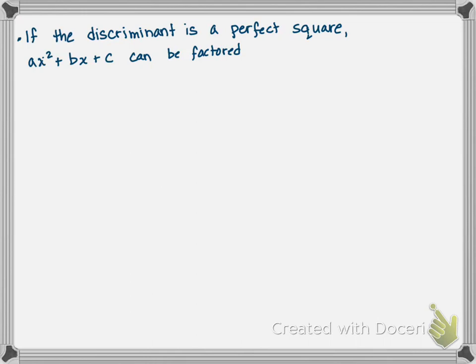So perfect squares are like 0, 1, 4, 9, 16, 25, 36, right? Those integers squared.